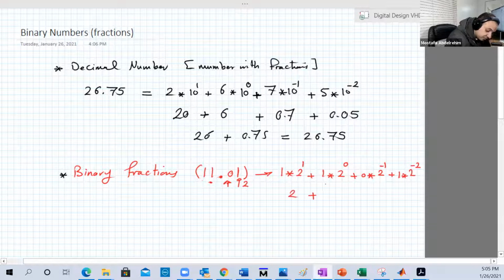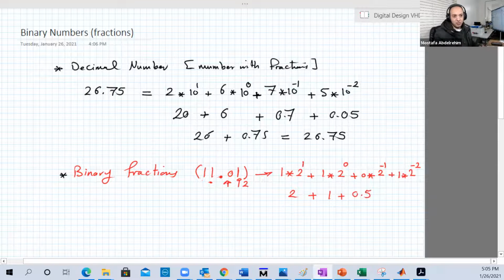This is 2. This is 1 multiplied by 1, which is 1. This is 2 to the power of minus 1, it's actually half, 1 over 2, which is 0.5. And what is 2 to the power of minus 2? It's 1 over 4, which is a quarter, 0.25.